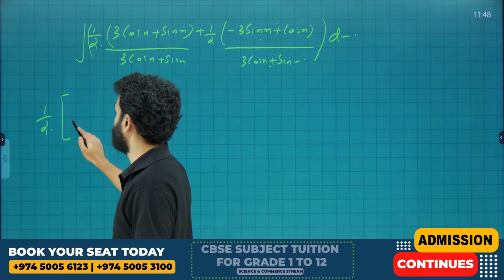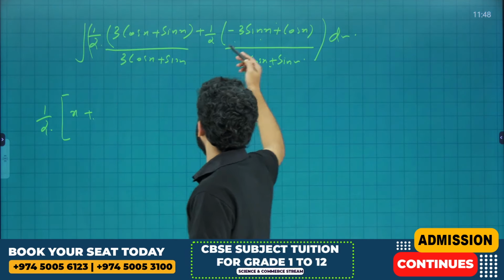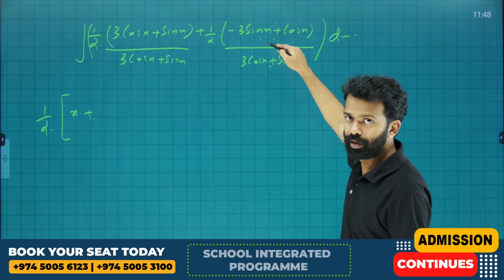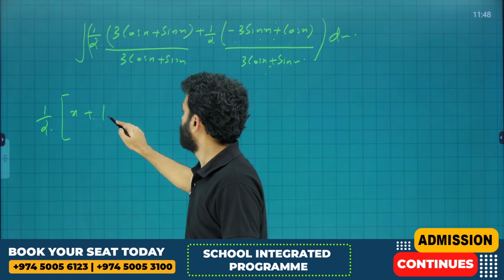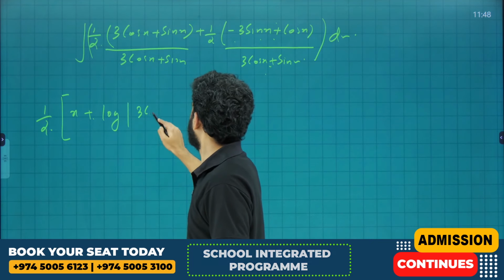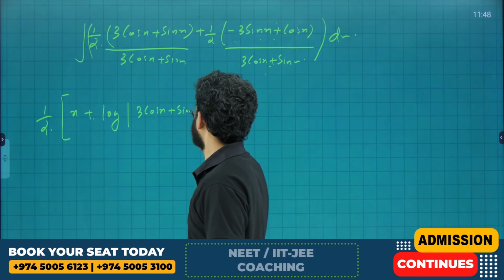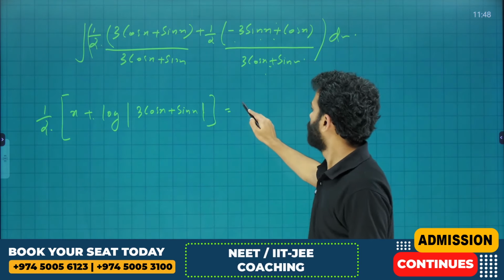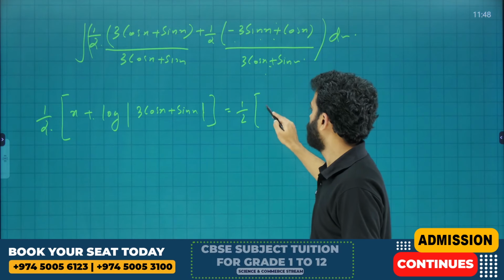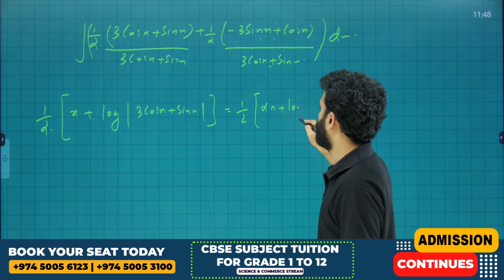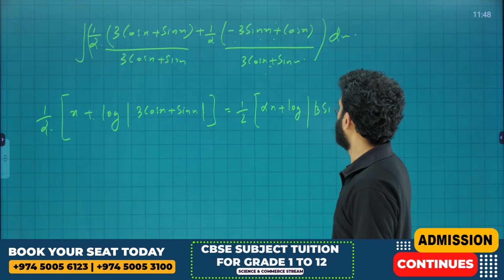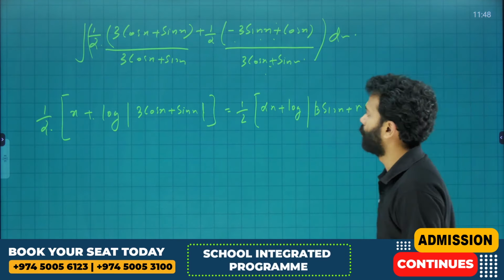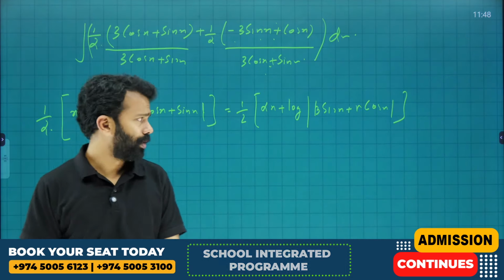Therefore, it will be 1 by 2 into x plus, since the derivative of the denominator is in the numerator, the integral of this one is log mod of the denominator, log mod of 3 cos x plus sin x. Okay, and we need to compare this with the expression, which was like 1 by 2 into (alpha x plus log mod of beta sin x plus gamma cos x). See, we don't have to bother about that.